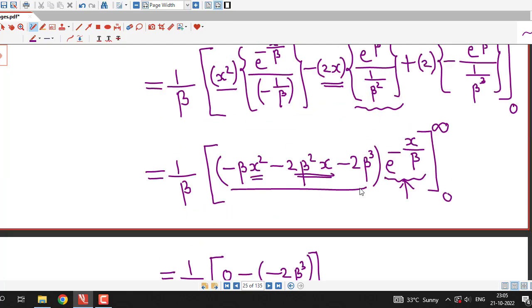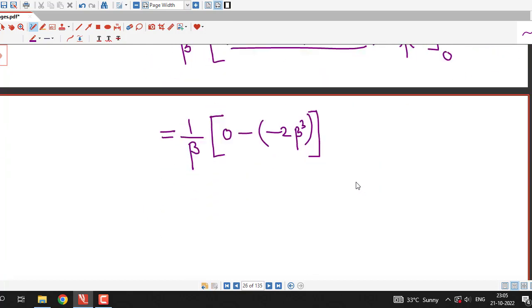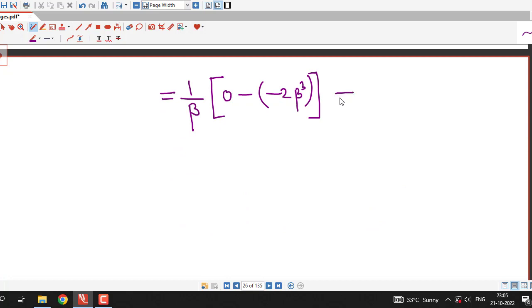So we are left with 2 times beta raised to 3, and that is nothing but 2 times beta square, because this will be 2 times beta raised to 3 divided by beta. Therefore what we have obtained is expected value of x square is 2 times beta square.